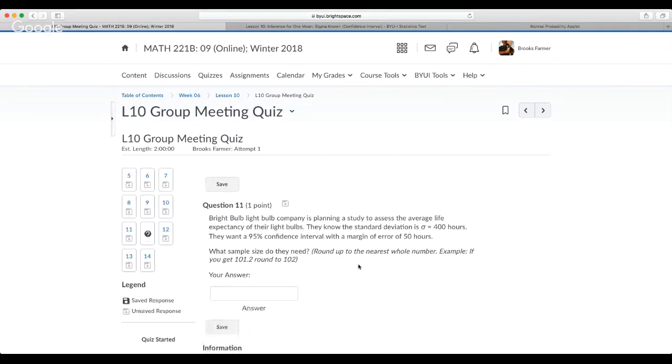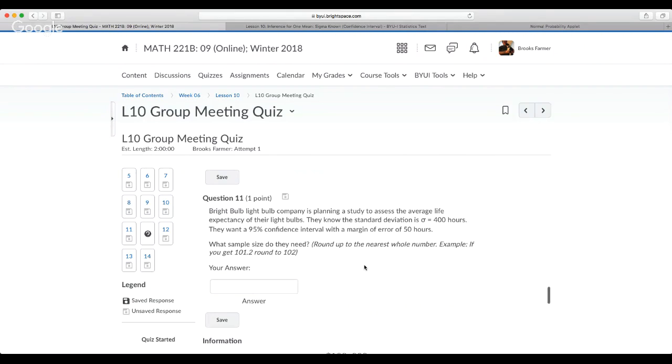I'll read this. The Bright Bulb Light Bulb Company is planning a study to assess average life expectancy of light bulbs. They know the standard deviation is sigma equals 400 hours. They want a 95% confidence interval with a margin of error of 50 hours. What sample size do they need? This is what Spencer did on the first formula. We're looking for n.